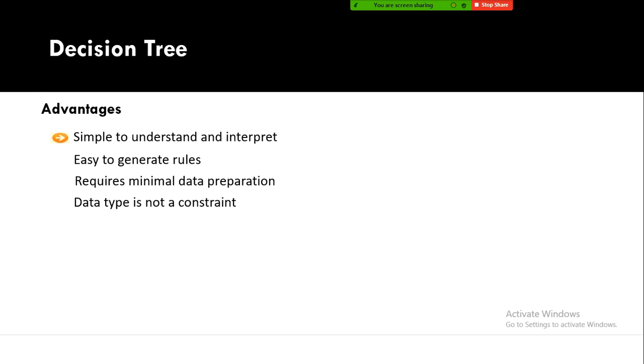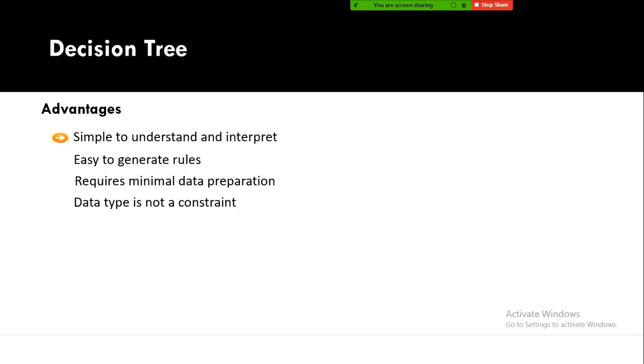In the case of linear regression, if you have outliers in your data set, it is sensitive to outliers. And also if you have missing values, you need to address them. But when it comes to decision tree, you don't have to address outliers and missing values. It takes care automatically.